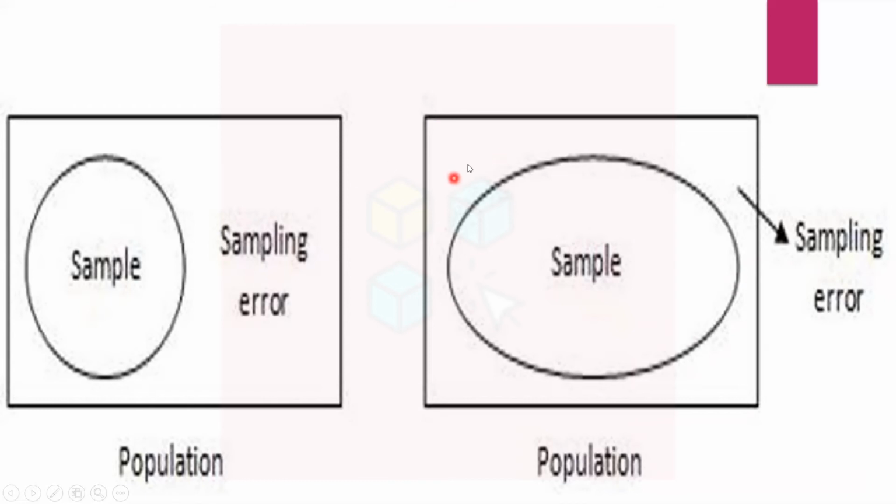The area outside this sample is now less, so the sampling error is less. We can understand that as the sample size increases, the sampling error decreases. If we increase the sample more than this one, then the sampling error will decrease more.